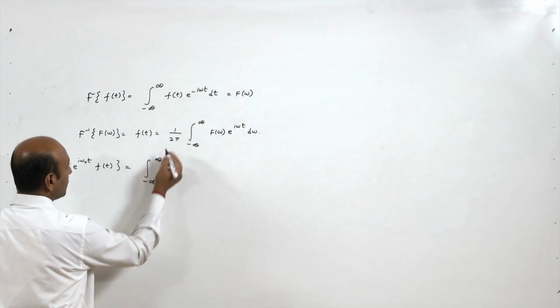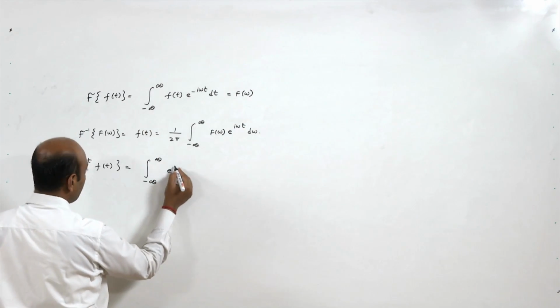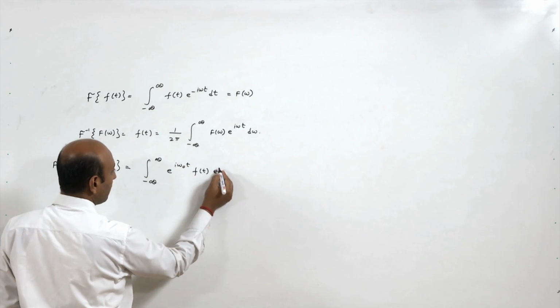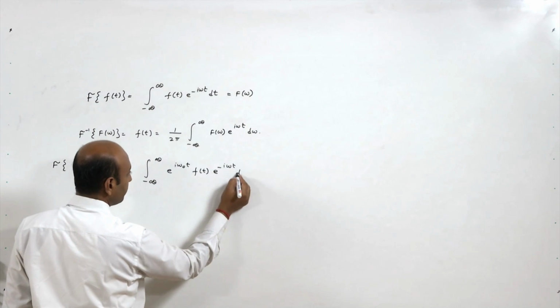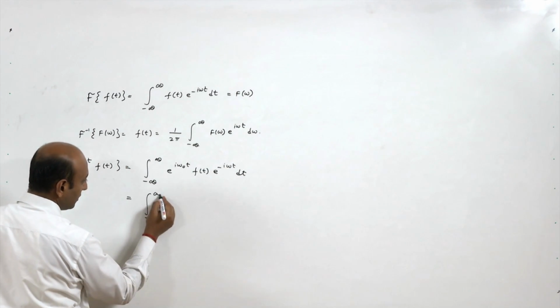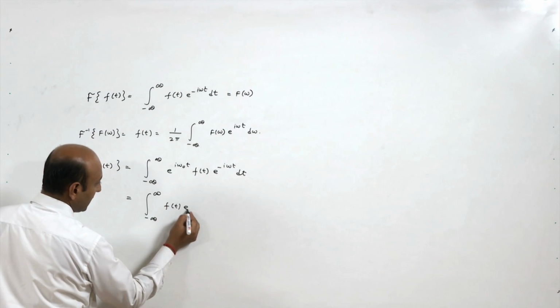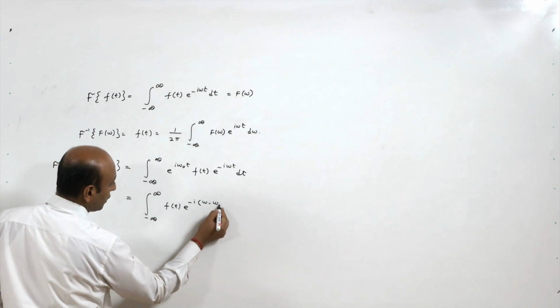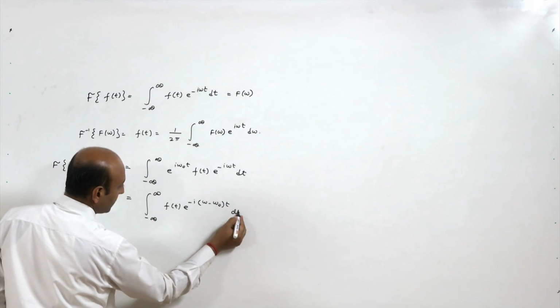you apply the definition, e to the power i omega naught t into f(t) into e to the power minus i omega t dt. So, this is given by the integral from minus infinity to plus infinity of f(t) e to the power minus i (omega minus omega naught) t dt.